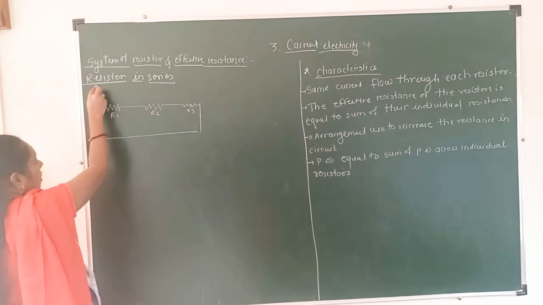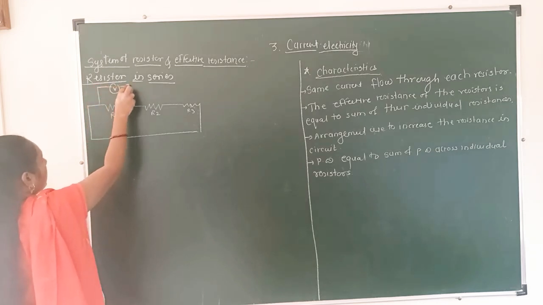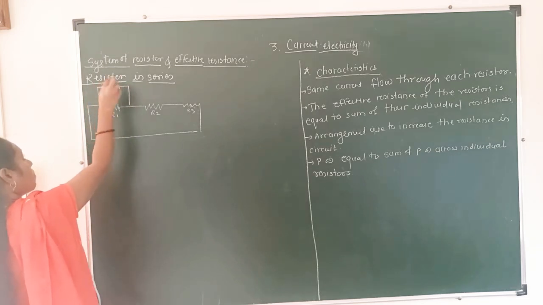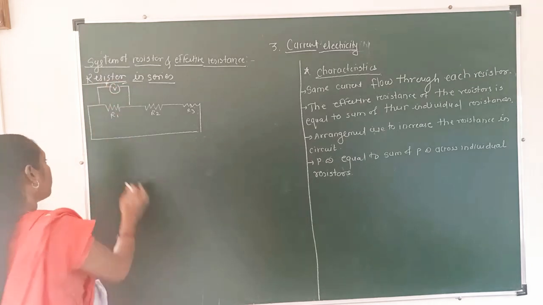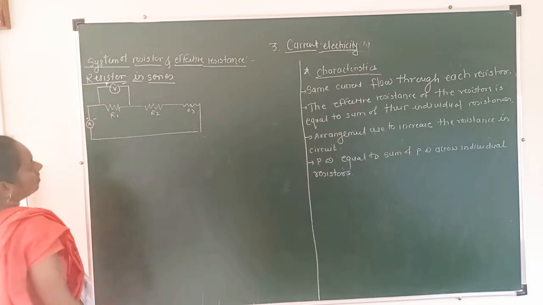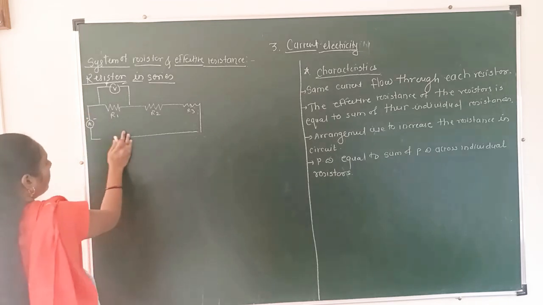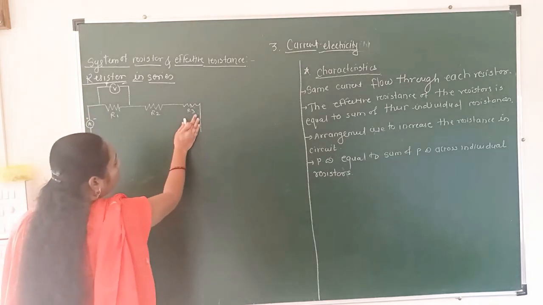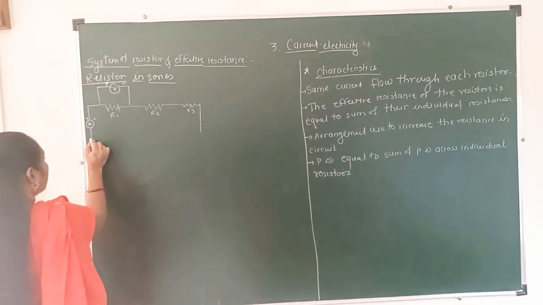Here is the voltmeter across R1, between these two points. This is the positive terminal, this is the negative terminal.